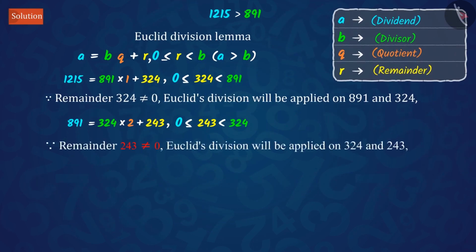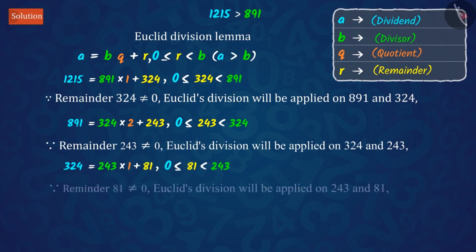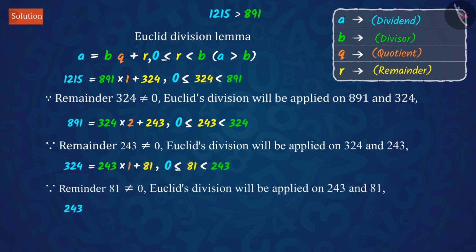Here also, the remainder is not equal to 0, so we apply Euclid's division lemma once again. The remainder has now become 0, so our procedure stops here.